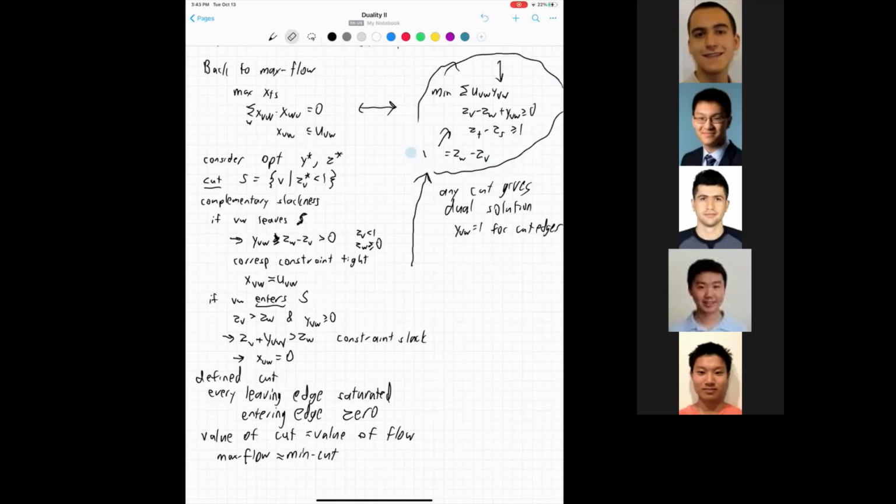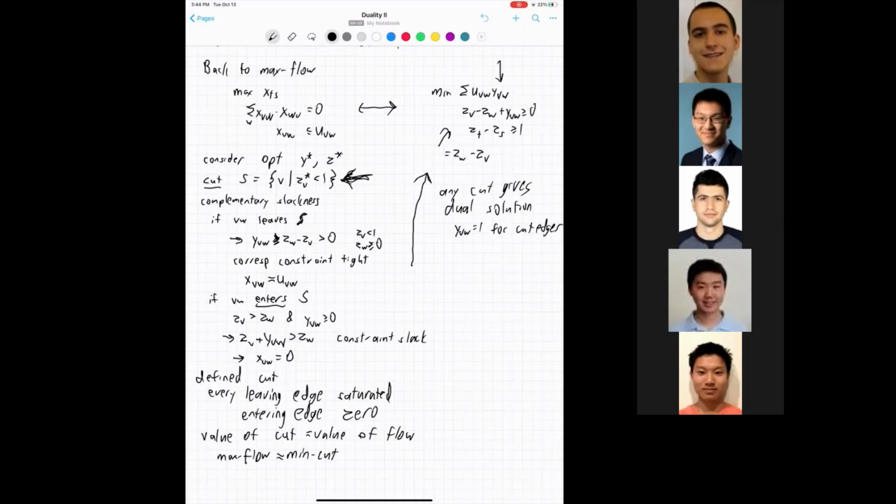And that transformation was based on complementary slackness. I mean, the fact that for an edge where the edge is saturated... What I did was that I showed that if you have an optimum solution, I defined a particular solution.